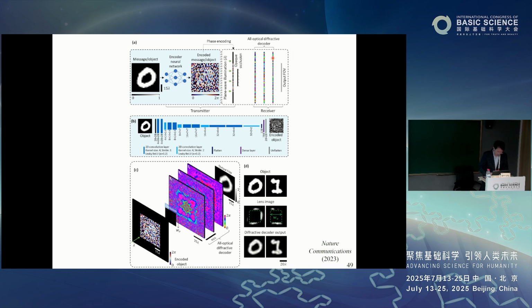The network's performance is also evaluated on the EMNIST handwritten database, which comprises 26 categories of letters. Two types of diffractive networks were trained. Standard designs encode categories using 26 distinct wavelengths.